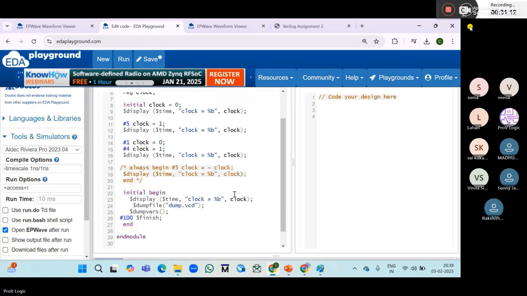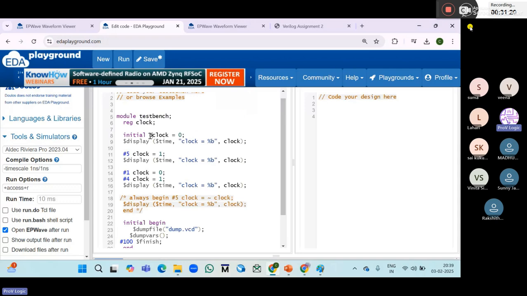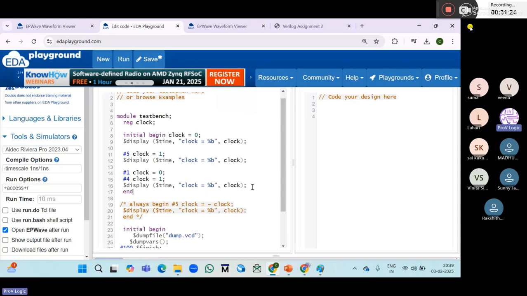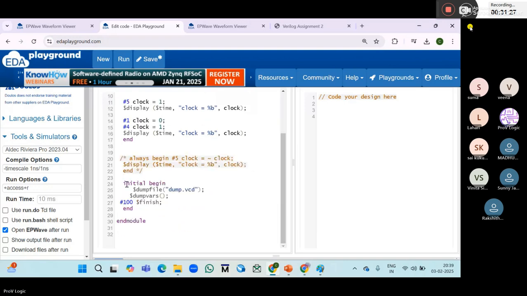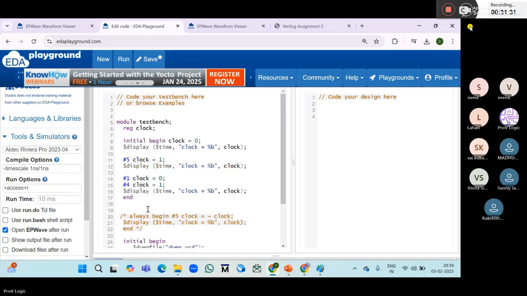Now what is the output? Any guess? So this clock equal to 0 will be printed. This also is printing, but this 0 will not print because after that we didn't put the dollar display, but this will be printed.